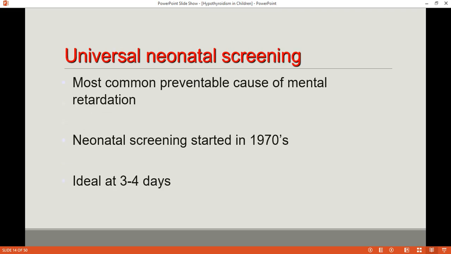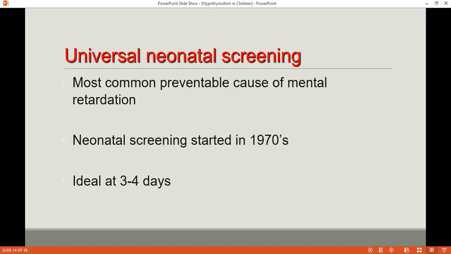So I discussed earlier that universal neonatal screening is important to detect congenital hypothyroidism, because congenital hypothyroidism is a preventable, treatable cause of mental retardation. In the Western world, every baby is screened for hypothyroidism, but unfortunately in our country it is not yet started.